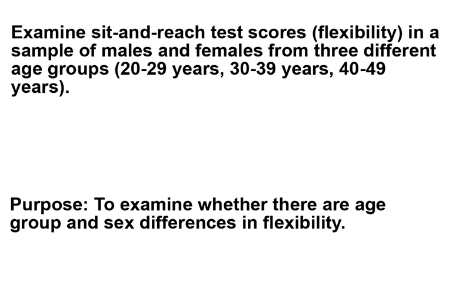Suppose you are asked to examine sit and reach flexibility scores in a sample of males and females from 3 different age groups, 20 to 29 years, 30 to 39 years, 40 to 49 years. The purpose is to examine whether there are age group and sex differences in flexibility.